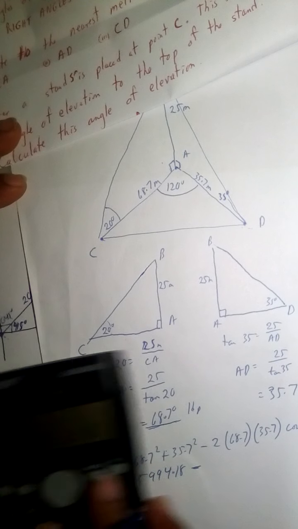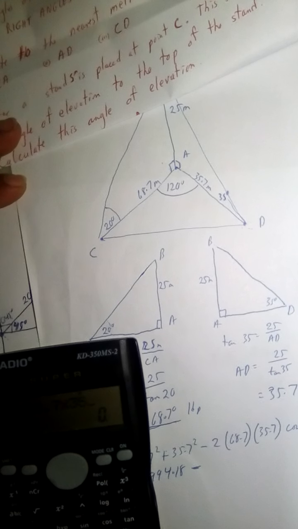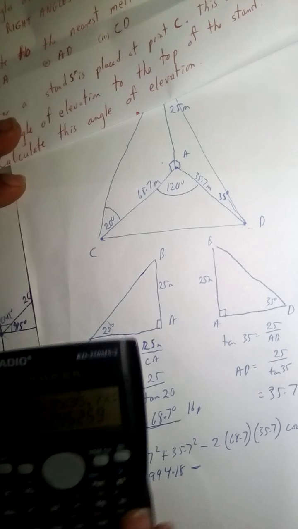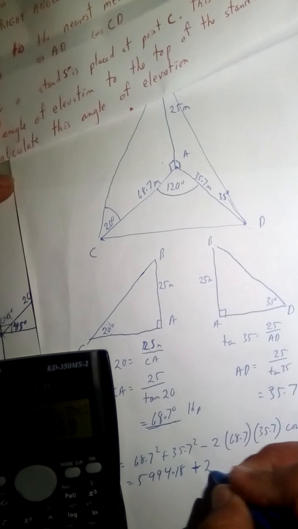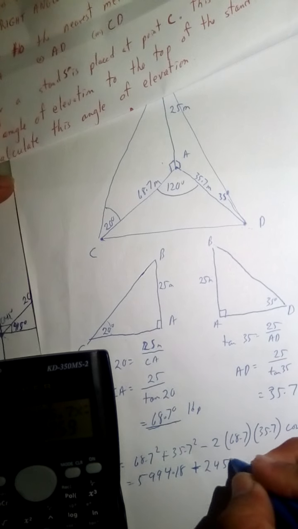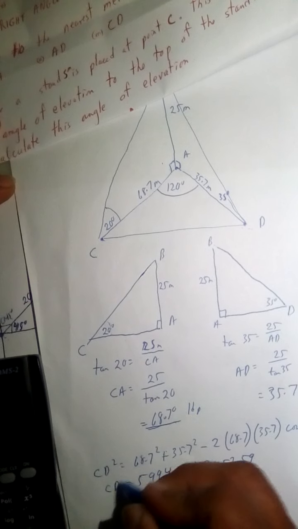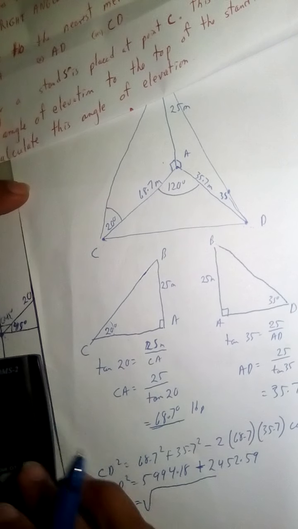Minus 2 times 68.7 times 35.7 times cosine 120 gives us a negative value, but remember we have a negative here, so therefore this becomes a positive 2452.59. That's CD squared.